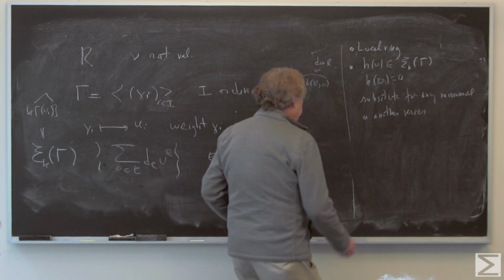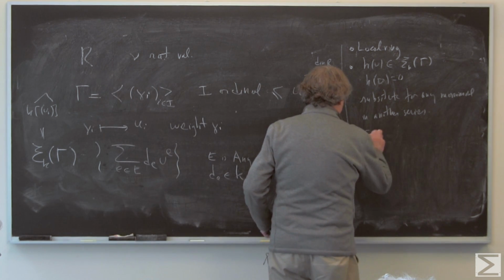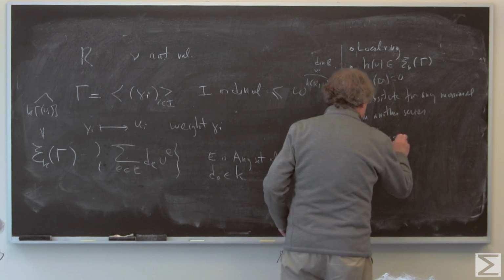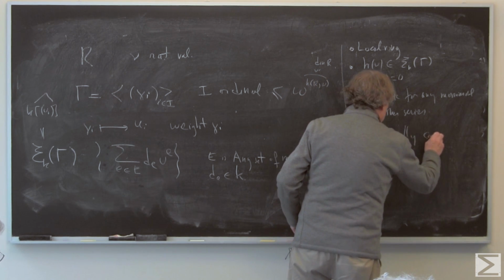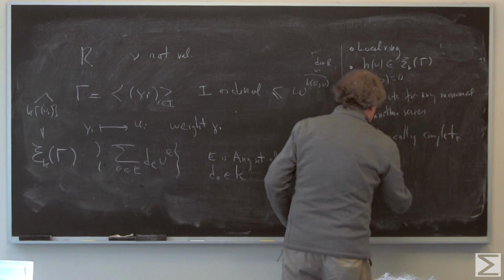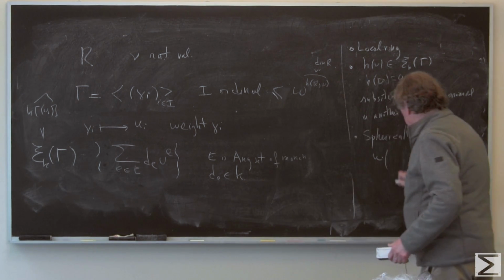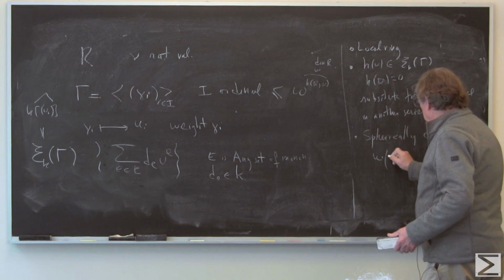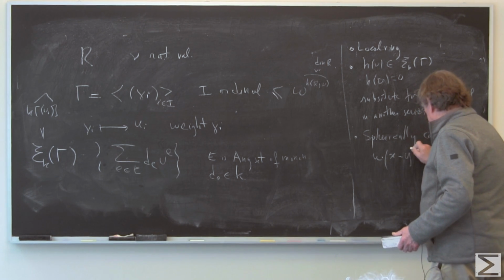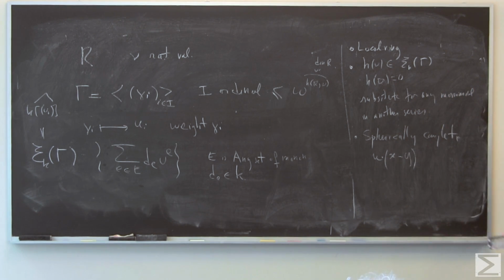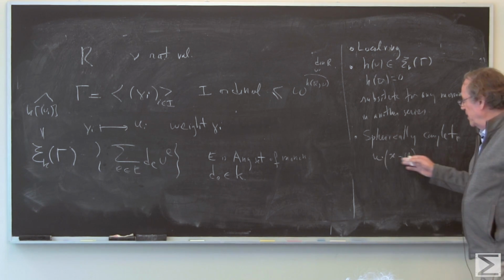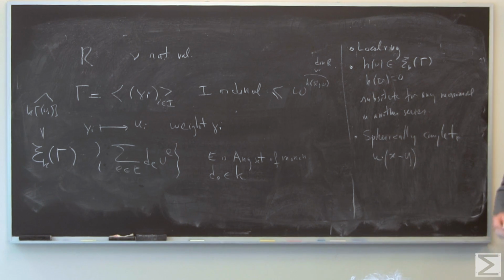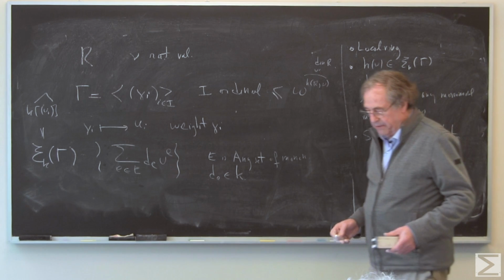Another very nice property which it has is that it is what people call spherically complete. Because the weight W can be used to define an ultrametric by taking the weight of the difference. And so you can think of this as defining some kind of metric.